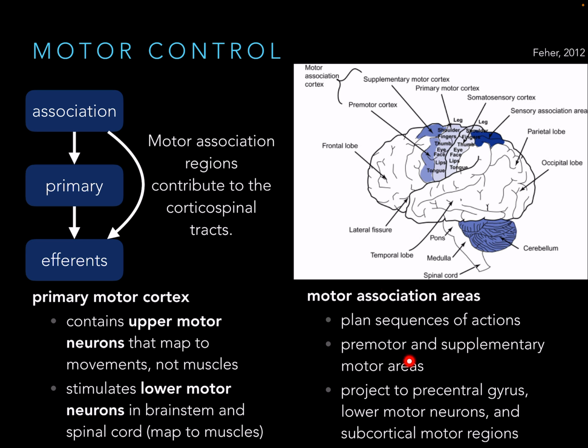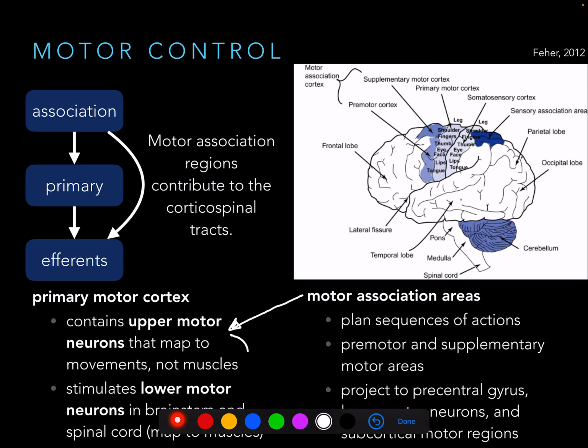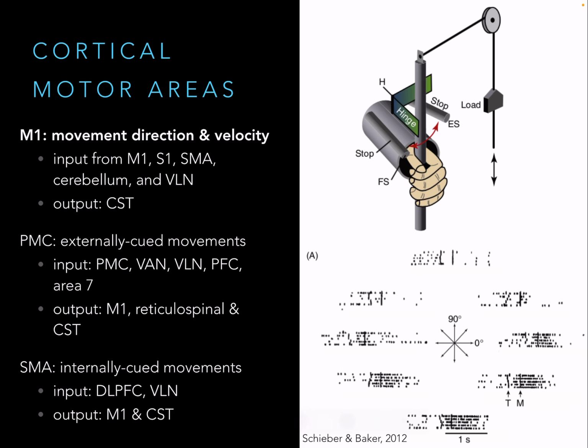That's going to be associated in the motor association areas. They come up with a plan, they tell the upper motor neurons, who tell the lower motor neurons. So here's my general flow of information. Now, it's not that simple. Motor association areas can and do indeed contain upper motor neurons themselves. But again, high to low.